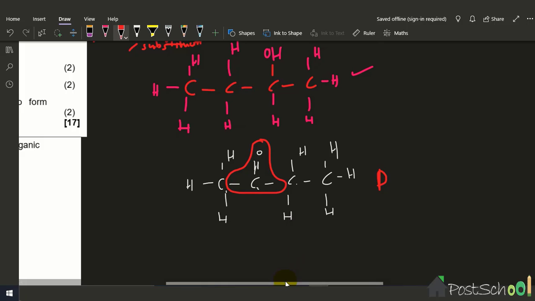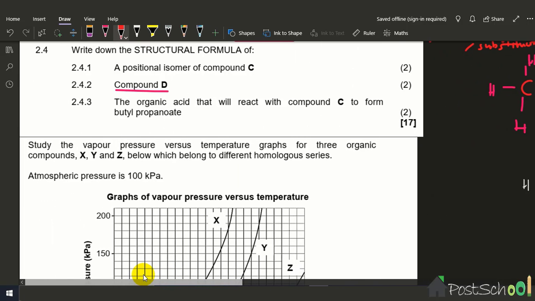The organic acid that will react with compound C to form butyl propanoate. Which organic acid is this?